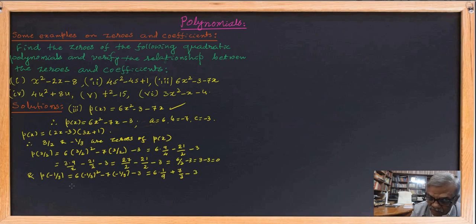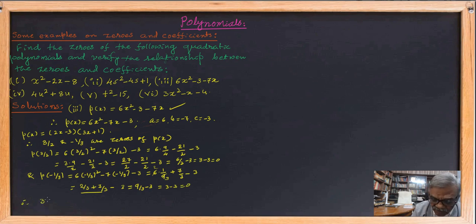Six threes are two, so that is 2 by 3 plus 7 by 3 minus 3, that is 9 by 3 minus 3, and that is 3 minus 3 is equal to 0.